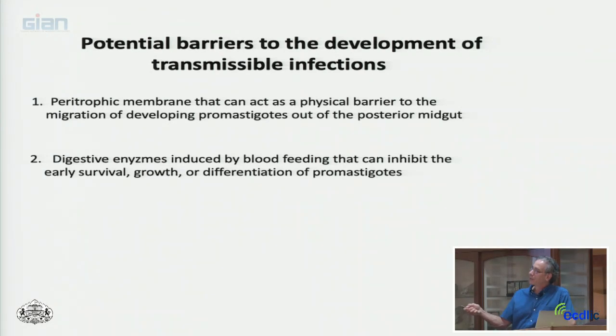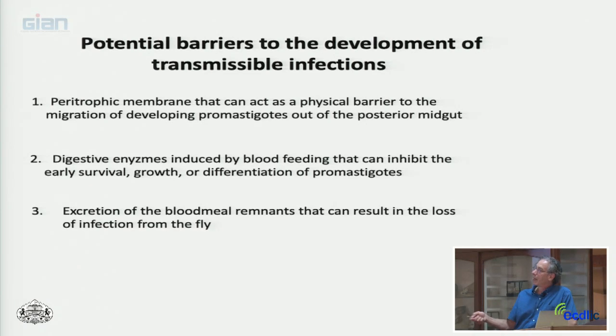So digestive enzymes induced by blood feeding, proteases and glycosidases, can inhibit the early survival, growth, and differentiation of promastigotes. And the excretion of the blood meal remnants can result in the loss of infection from the fly. So when the blood meal is gone, if the parasites have not somehow found a way to anchor themselves to the gut wall, they're going to be lost along with these blood meal remnants.